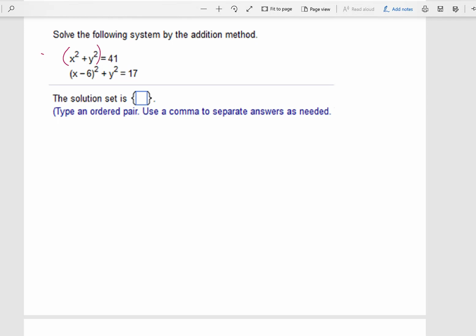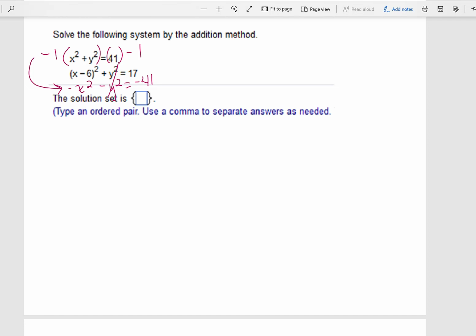So I'm just going to multiply everything by negative 1. And I get, this is my first equation now, minus x squared minus y squared equals negative 41. Okay, and then with that, that eliminates my y squared.